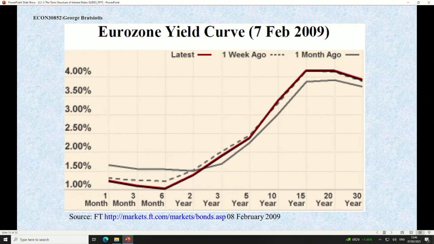So that's that. And at some point here, the 3 and the 6 month bills actually were offering negative rates. And what's interesting is that even the interest on reserves, this is what the central bank pays commercial banks to keep their money with the central bank, even that became negative.